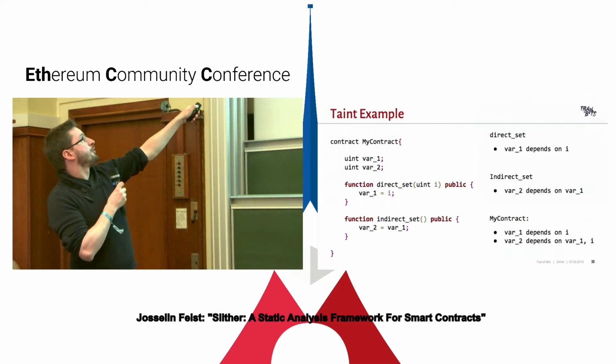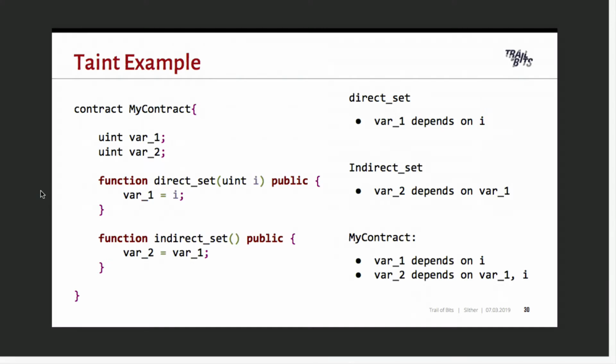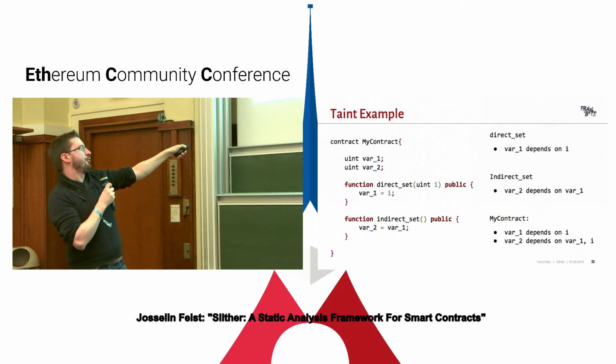So if you have this contract, you have 2 variables, variable 1 and variable 2. You have 2 functions. If you only analyze the first set function, you will see that variable 1 can be influenced by I, and if you only analyze the second function, you will see that variable 2 can be influenced only by variable 1, as you can see here.